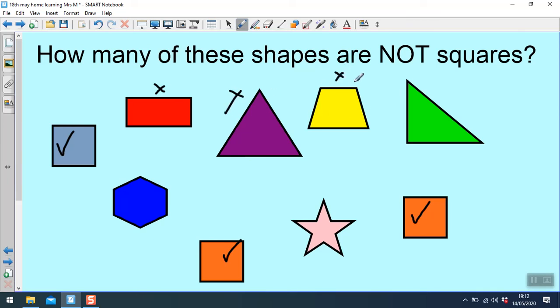That's not a square. This is a triangle, so it's not a square. This here has got 6 sides. That's a hexagon, so it's not a square. And this is a star, and this has got 10 sides, so that's not a square. So how many of the shapes are not squares? 1, 2, 3, 4, 5, 6 are not squares.